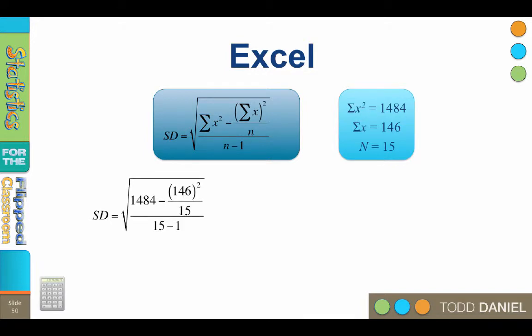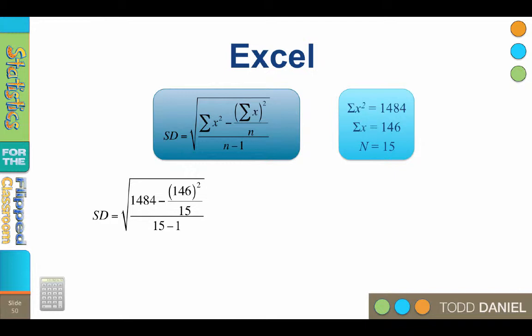The sum of x plugs in as 146. The sum of x squared is 1484, and n is 15. Using our PEMDAS rule, we would start with the parentheses. We do have a 146 in parentheses, but we would not need to do anything more with it.